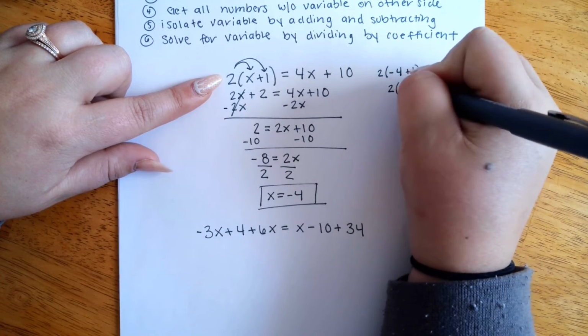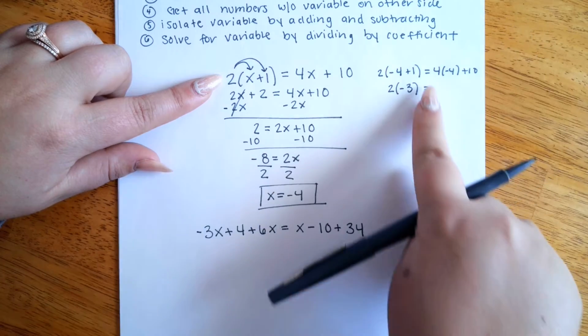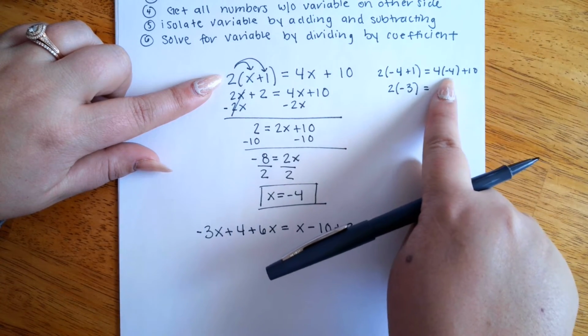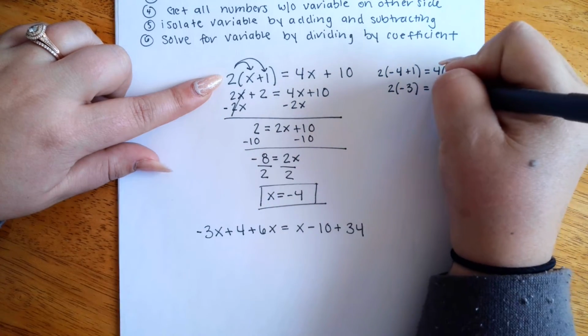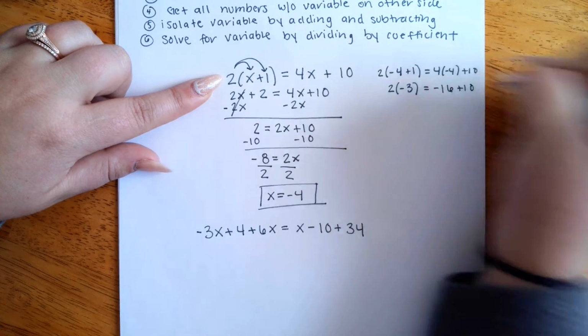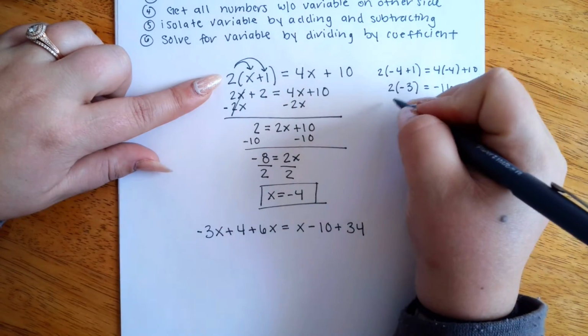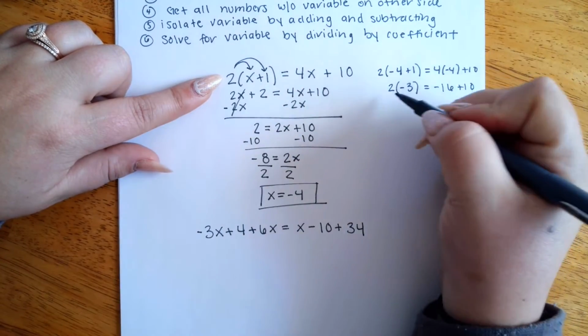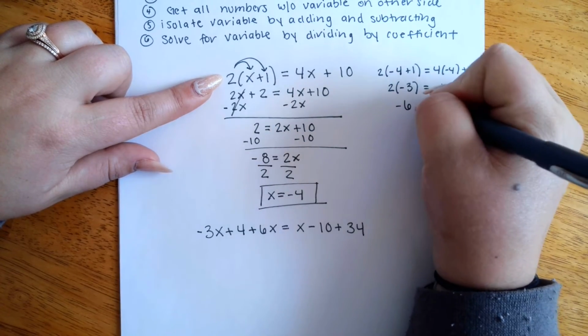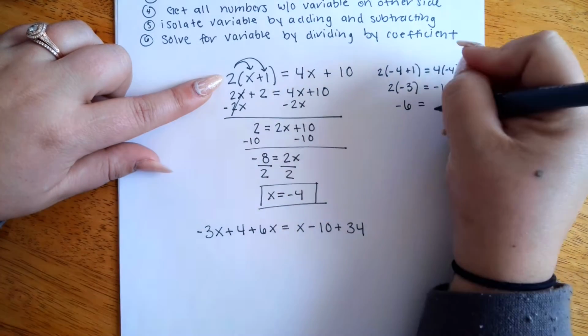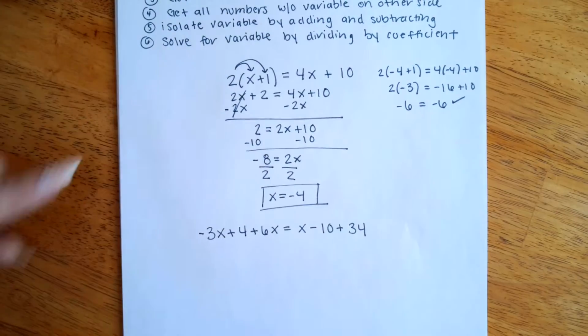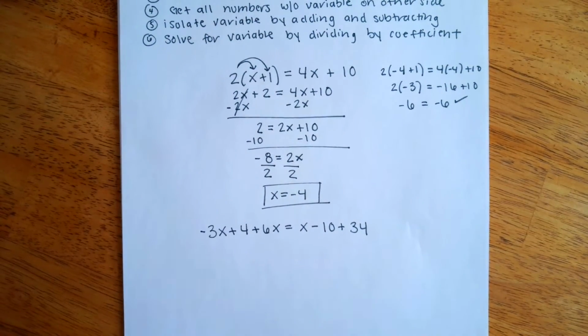So 2 times -3 equals, we do multiplication first. 4 times -4, -16 plus 10. Again, use your calculator. 2 times -3, -6 equals -6 plus 10, -6. That checks out. We know our answer is correct.